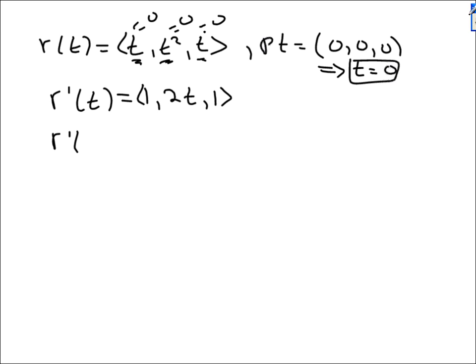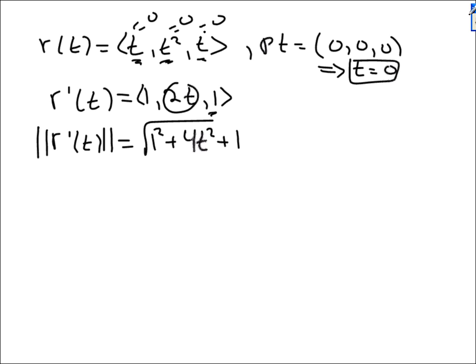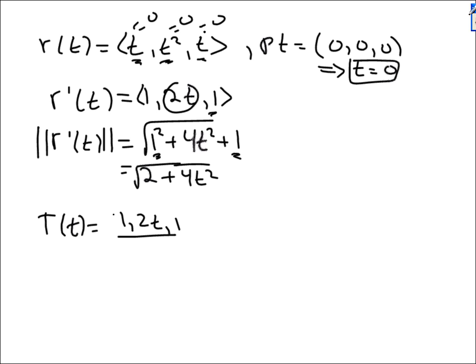And the norm of this is 1 squared, which is 1, plus this squared is 4t squared, plus again 1 squared is 1. 1 plus 1 is 2, so you get 2 plus 4t squared. And then the tangent would be 1, 2t, 1 divided by the square root of 2 plus 4t squared.